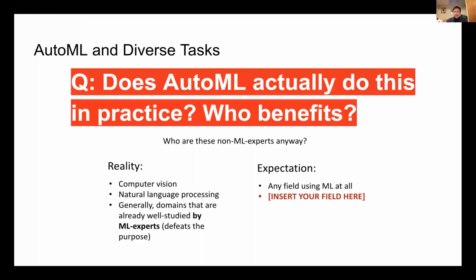So the question is, who actually benefits from AutoML? The reality appears to be that a lot of the beneficiaries are people in machine learning communities that have already had a lot of attention and a lot of hand design in terms of their ML pipelines. Domains like computer vision, I mentioned ImageNet, natural language processing, things like language modeling, basically domains that are already totally dominated by machine learning.